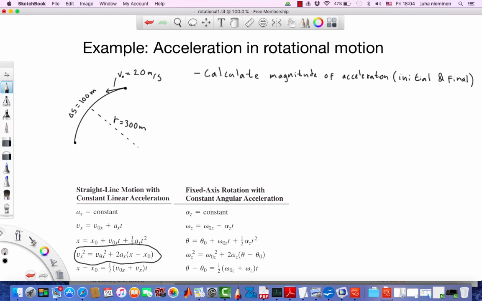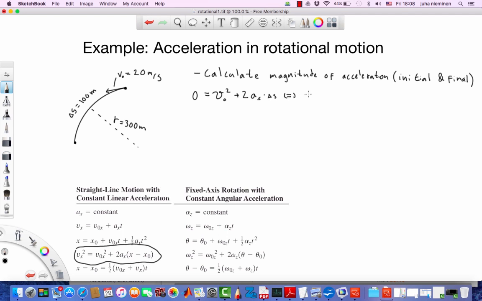So going from there, first of all, the final velocity v_x is 0, so we just have 0 equals initial velocity squared plus 2 times the constant acceleration in s direction along the arc, multiplied by the final position minus initial position, so that is just a change in distance, so that's going to be delta s.